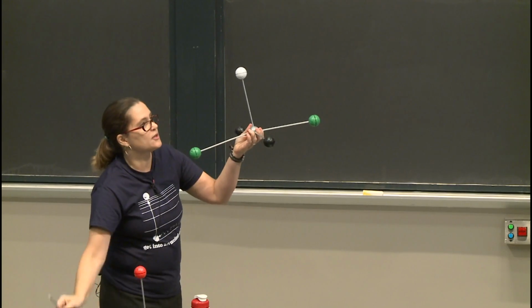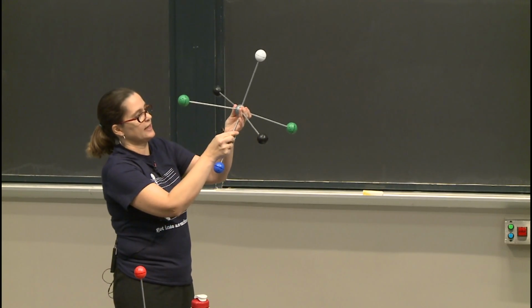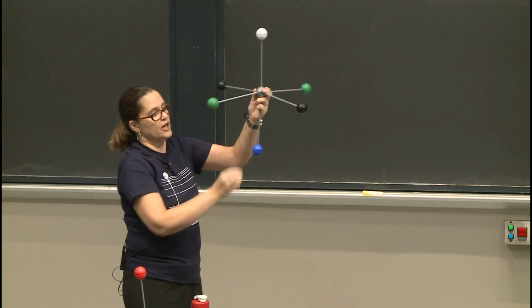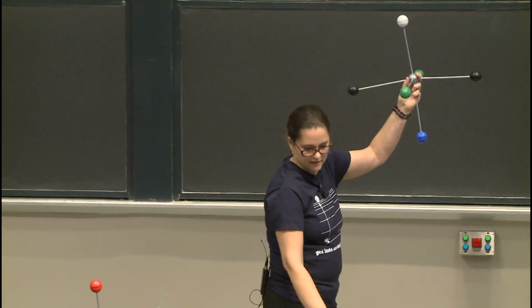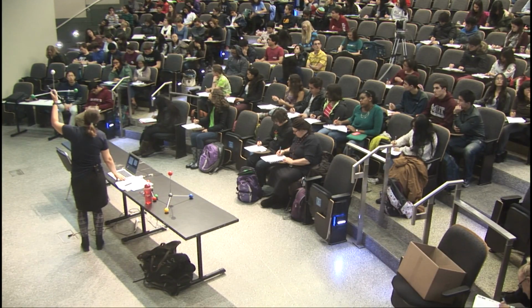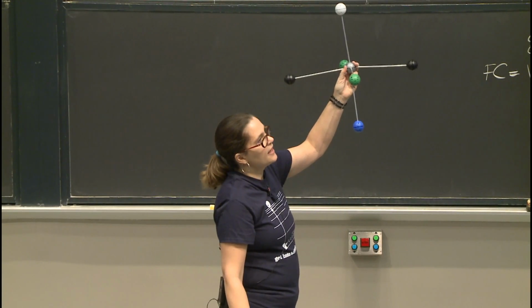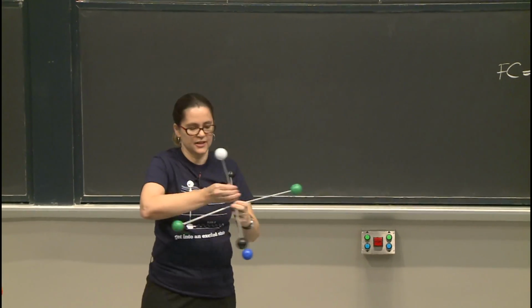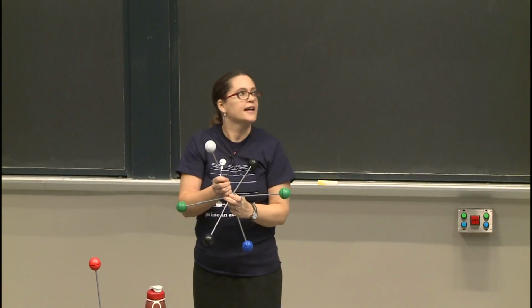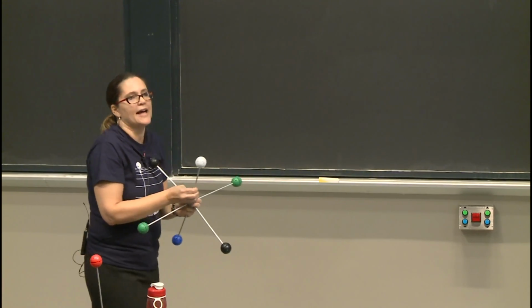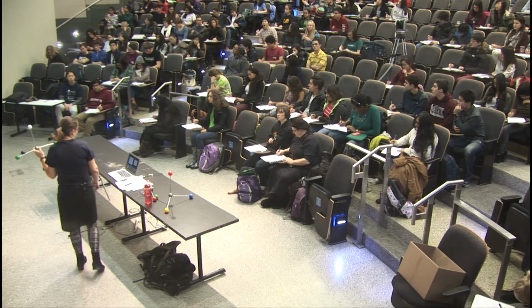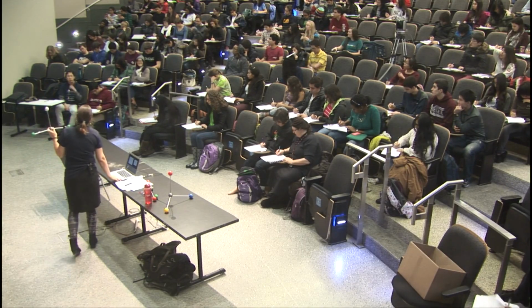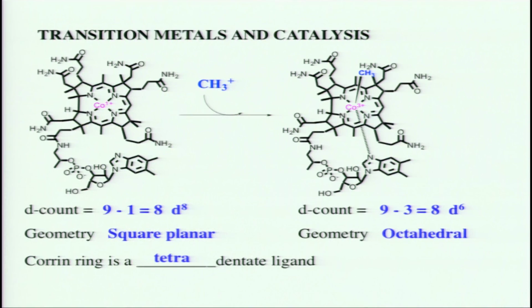And now you're also interacting with this lower ligand. So now our geometry is what? Octahedral, right. And what do we call this core and ring that has 4 points of attachment? Tetradentate. Right, dent from teeth like claws grabbing onto your metal.